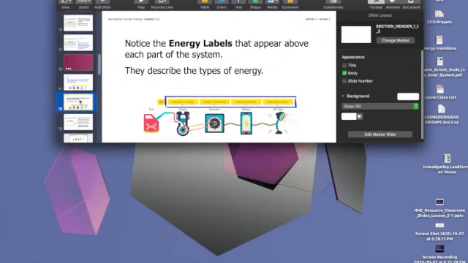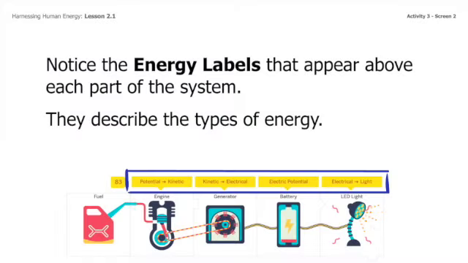None of these things were living things, but I also want you to look at the top and look at how the energy is being described. It's changing. It's showing you which direction the energy is going and what kind of energy you're seeing. Potential to kinetic, kinetic to electrical, showing you the steps that the energy is moving through.